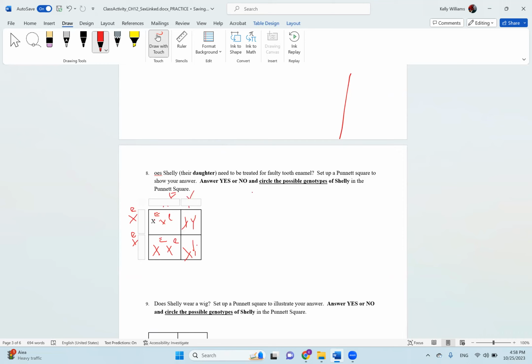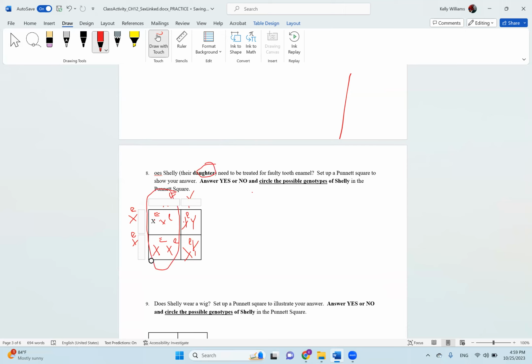And then dad can only pass down a Y to his sons. So mom is going to give up her X and she's only got one allele on there, and that's the little e's. So if we were asking you what are the chances their kids would have faulty tooth enamel, we would need to consider all four of these. But because we're asking just for their daughter, we really only care about this side.